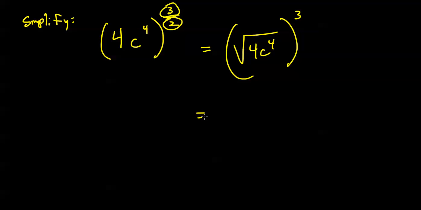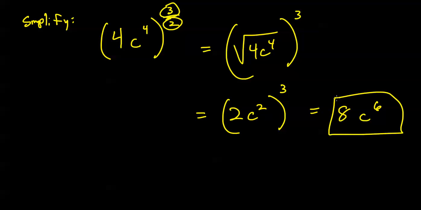Denominator root, numerator power. What's the square root of 4c to the 4th? Well, of course, that's 2c squared. No absolute value symbols needed. And finally, 2c squared cubed is going to be 8c to the 6th. Oh, I almost wrote c to the 4th. 8c to the 6th, right?